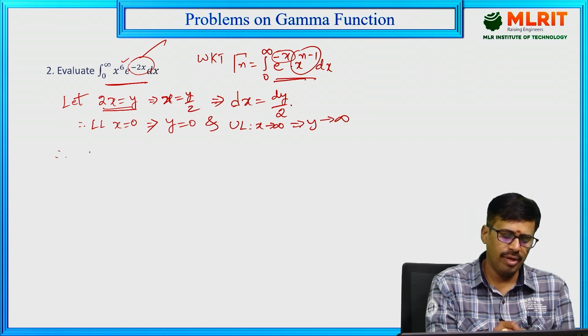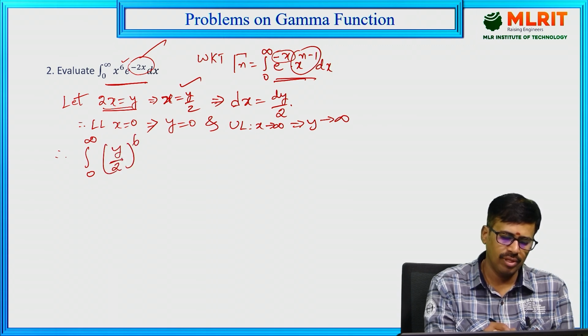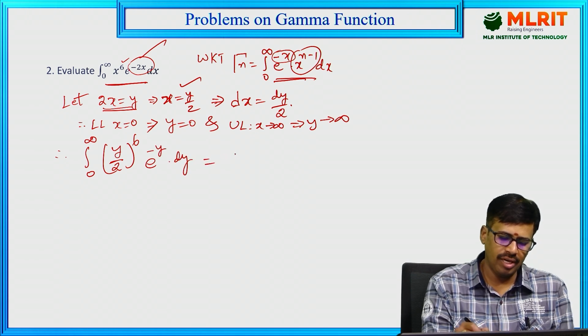So this can be written as the integral from 0 to infinity of (y upon 2) whole power 6 into e^(-2x), e^(-2x) means e^(-y), dy. So this can be written as the integral from 0 to infinity of e^(-y) into y^6 by 2^6 dy.